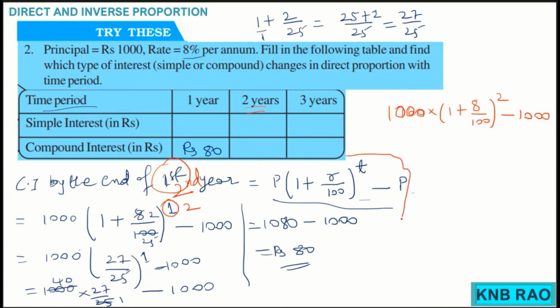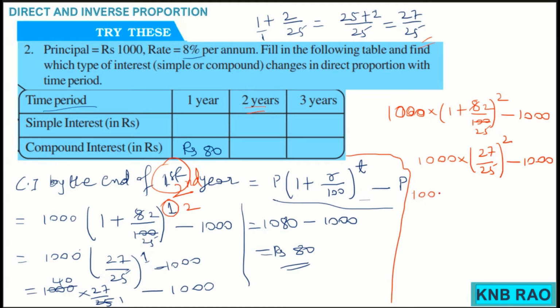Okay, now coming to 1000 into 1 plus 8 by 100 whole power 2, 8 by 100 we will simplify in the same way, cancelling by 4, 4 2s are 4, 25s are, that means it becomes 1000 into 1 plus 2 by 25, it is the same 27, so 27 upon 25 whole power 2 minus 1000, principal I am removing. So what is the value of 27 by 25 whole square?